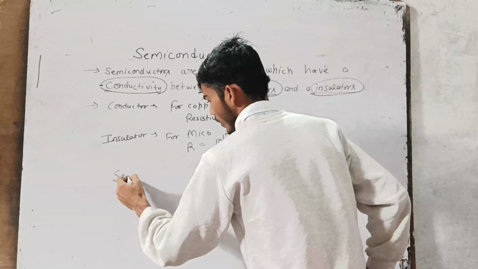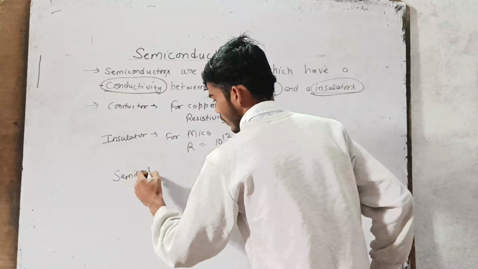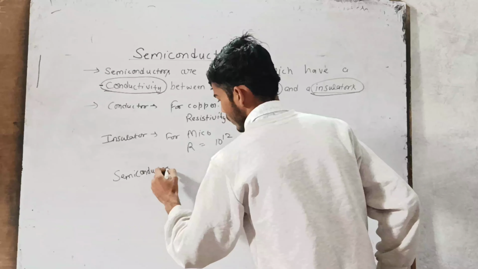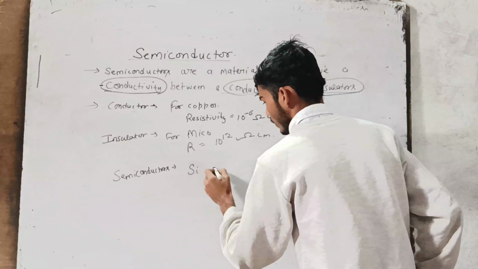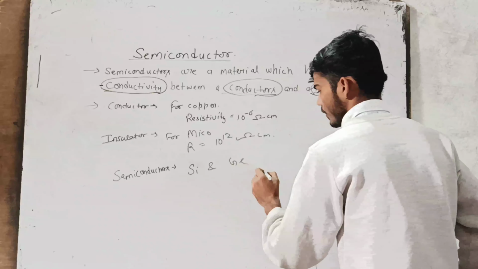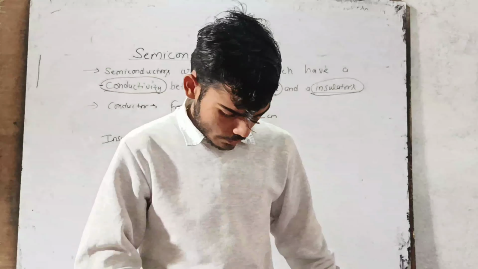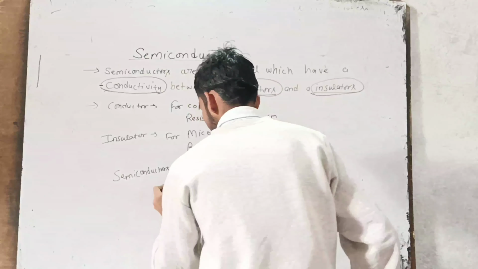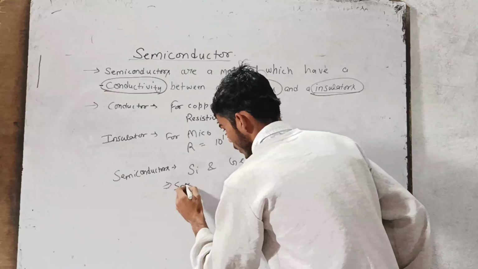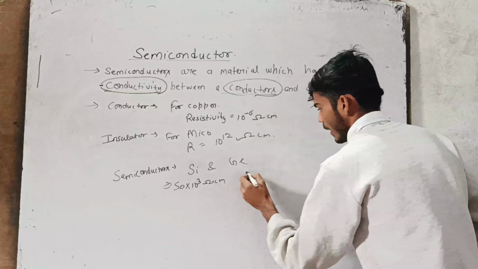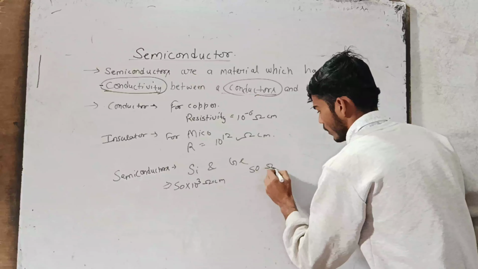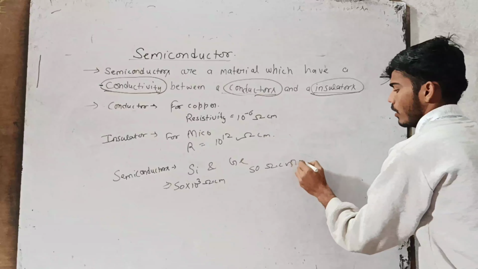So for semiconductor, silicon has 50 into 10 to the power 3 ohm centimeter, and germanium 50 ohm centimeter.